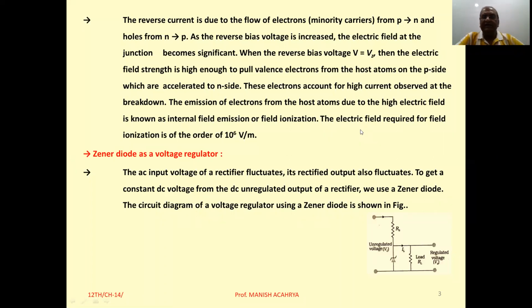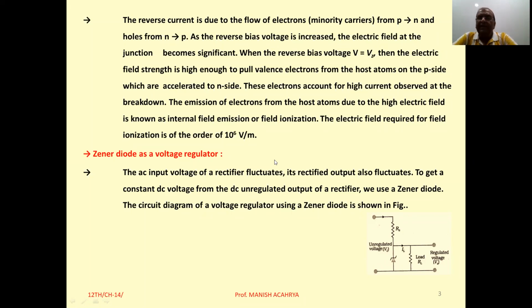In this particular case, the electric field developed becomes of the order of 10⁶ volt per meter. Now this particular electric field, which gives you a tremendously large number of free electrons and holes, that phenomenon is called field emission or field ionization. So remember this particular word.